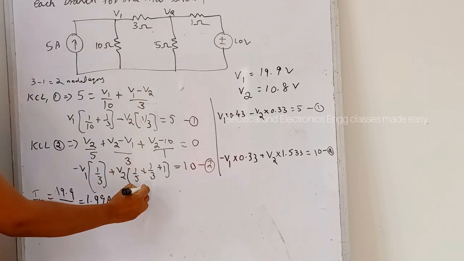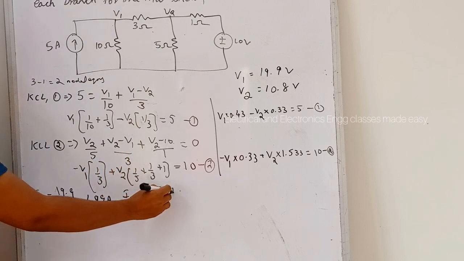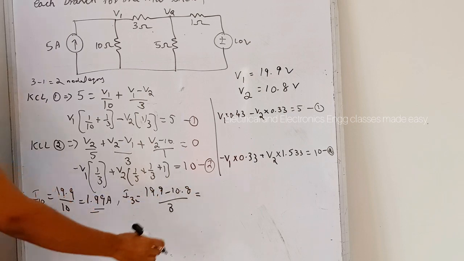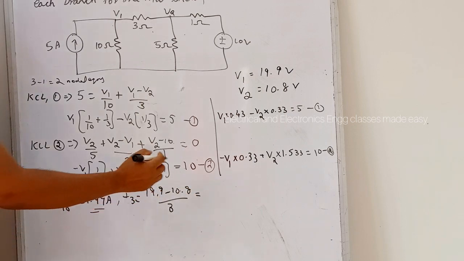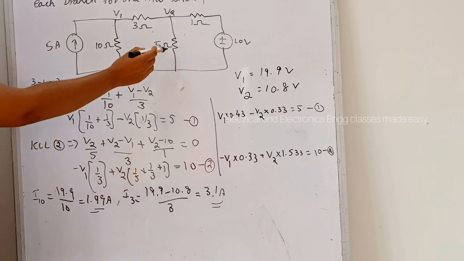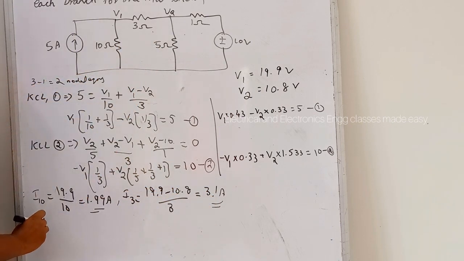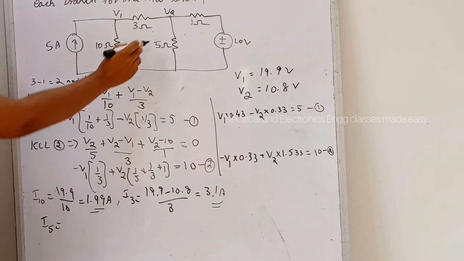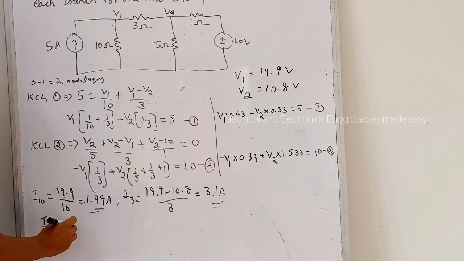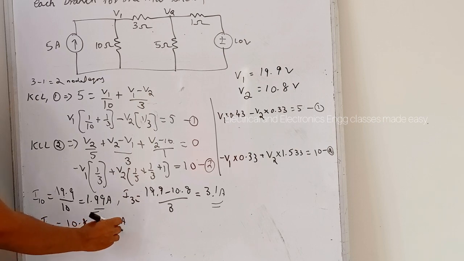Then through the 3 ohm resistor, I3 is equal to V1 minus V2, that is 19.9 minus 10.8 divided by 3, and that is equal to 3.1 ampere. Then through the 5 ohm resistor, I5 is equal to V2 divided by 5, that is 10.8 divided by 5, which is equal to 2.16 ampere.